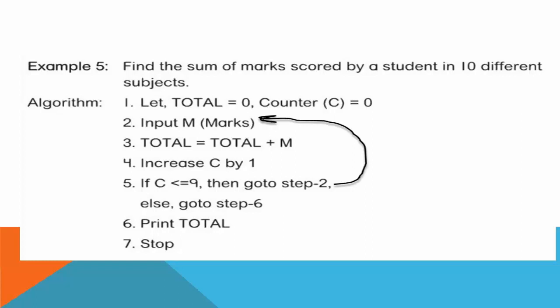Else, that means if C is not smaller than or equal to 9, go to step 6. Now C is greater than 9, that means C is 10 now. So we are going to step 6. So now we are going to print the total and then stop the program.